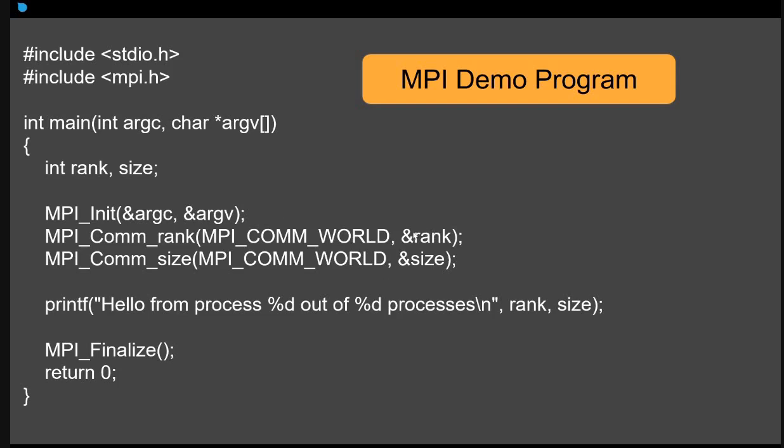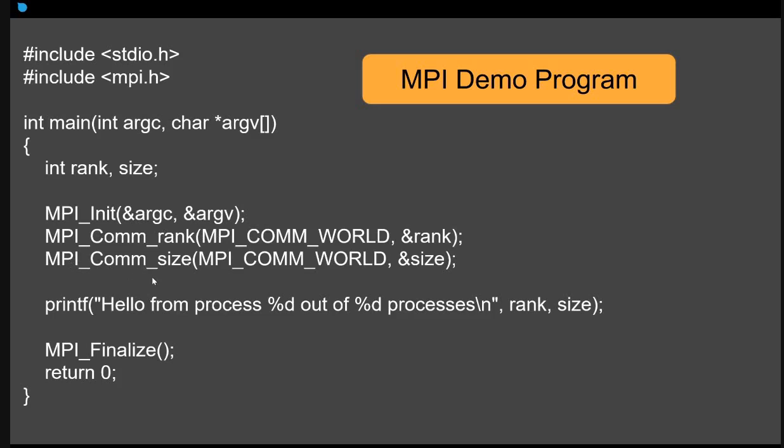And I am creating a pointer here to int rank. What I mean by that is I want to store the ranks of the processes in this variable called rank. And this is the MPI_Comm_size.